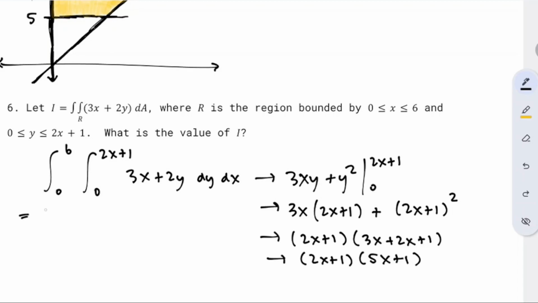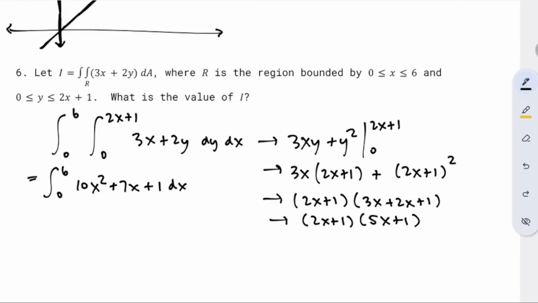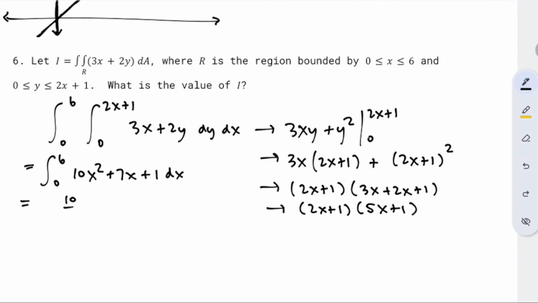Yeah. 2x plus 1 times 5x plus 1. Okay, so this is equal to the integral from 0 to 6 of 10x squared. 2x and 5x is 7x and 1. All right, and then, oh, this one's rough. Whoa. Let me see if maybe there's going to be some sort of simplification that I'm not seeing. I'm definitely going to take everything to a denominator of 6. Nope, that'll need to be 21 over 6.